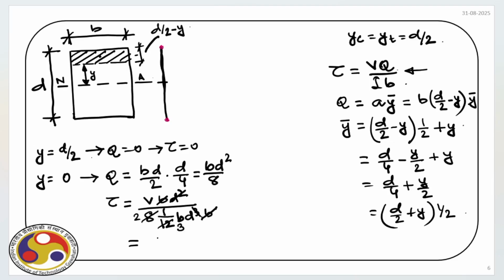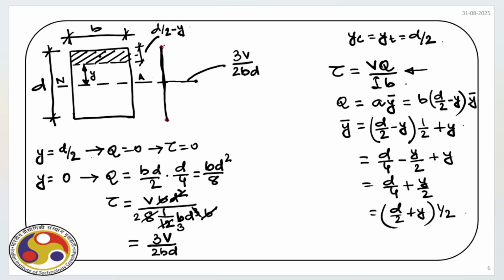So effectively we have 3V divided by twice B D, which is somewhere here, right? So this part is 3V divided by twice B D.